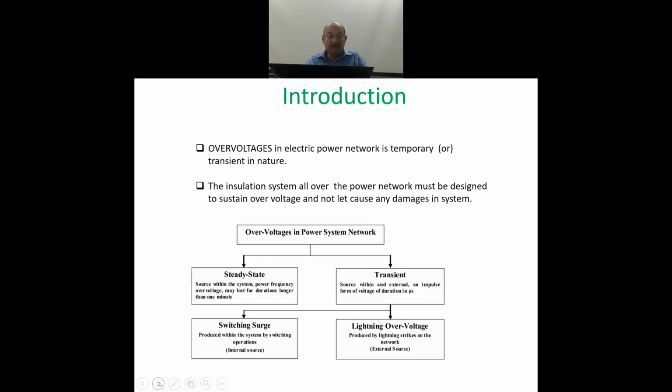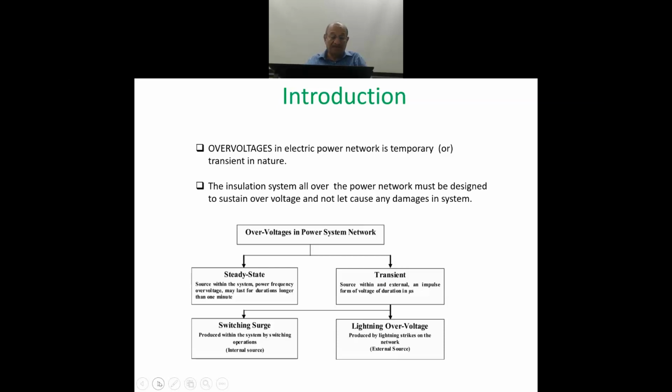As I mentioned, some overvoltages are transient in nature, and the insulation system all over the power network must be designed to sustain overvoltage and not let it cause any damage to the system. Now, we can divide the overvoltages into two types.